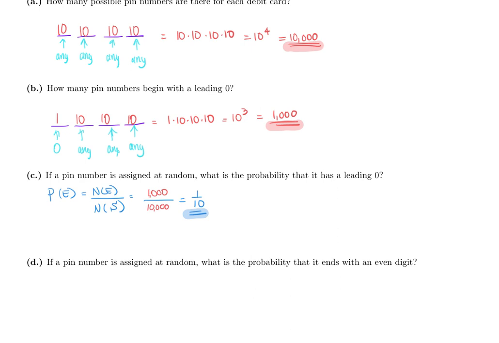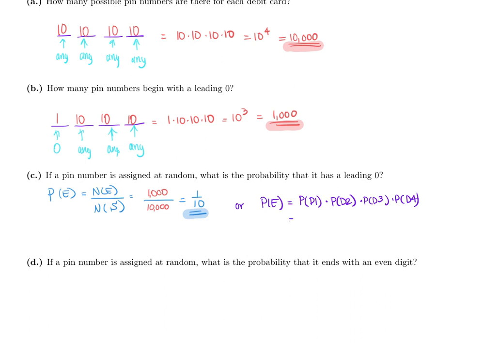If we wanted to extend this idea a little bit further in a slightly different way, we could think of each digit as being the number of ways that digit could be chosen divided by the number of possibilities for each digit. So we could think of our probability of our big event as the probability of choosing digit 1 times the probability of digit 2 times the probability of digit 3 and times the probability of digit 4.